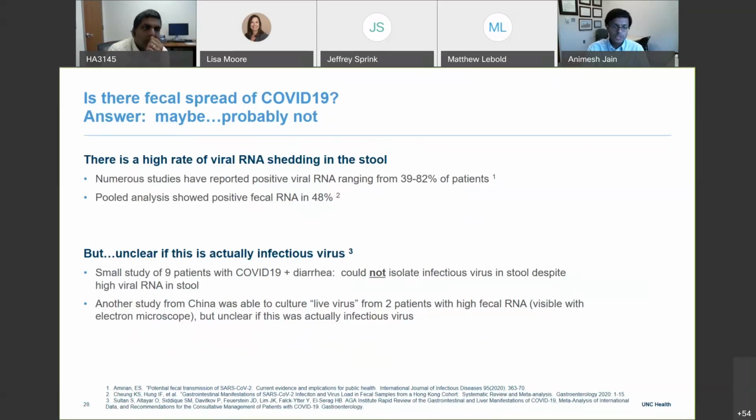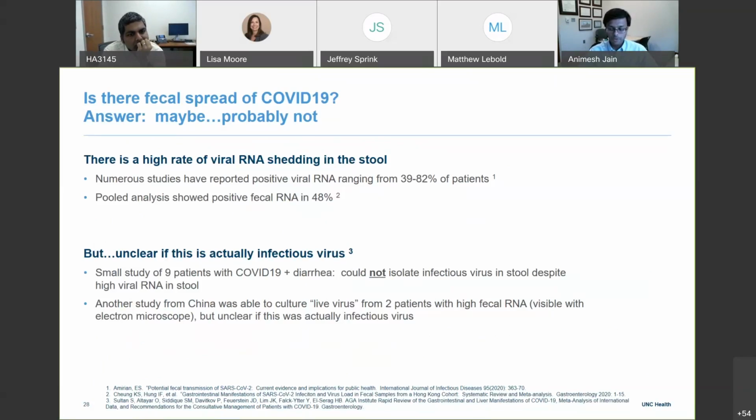So here's what we know. This is, again, some pooled data. There have been multiple reports of fecal measurement of COVID-19 virus in the stool. The available studies cite that between 40 and 80% of patients will have detectable viral RNA in the stool. The pooled estimate is almost 50%, so about half of patients will have detectable RNA in their stool.